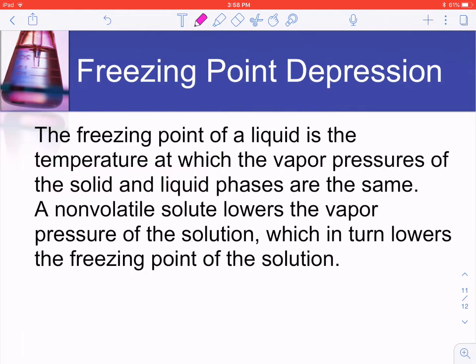And this is pretty darn important, and it helps to describe why in the wintertime we put salt on roads.